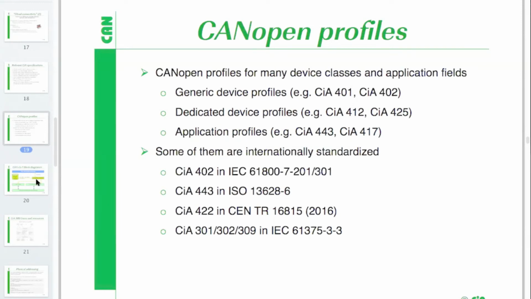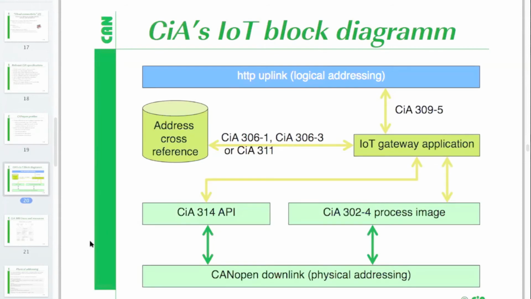So much about the CANopen side, and now we go with a few slides deeper into what we have here. Basically, this is the structure of your future CANopen IoT application, and it relates to the specifications you need to use in every aspect of the design of each single part of this structure.